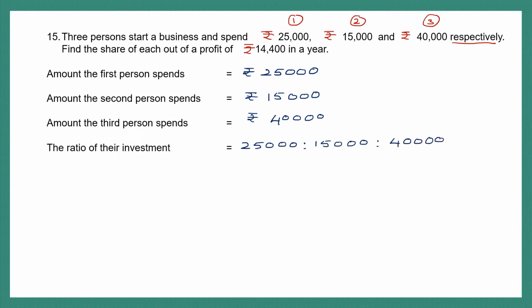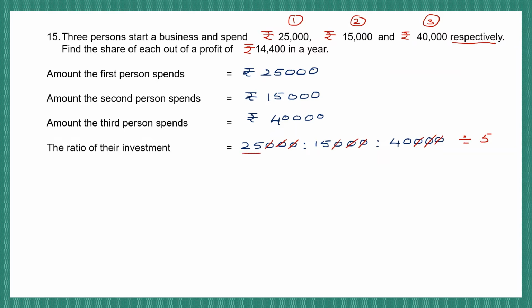Okay, now we need to reduce it to the lowest term. Now we can cancel the zeros. There are 3, 1, 2, 3. Cancel the zeros for all the numbers, 3 zeros. Now we have 25 is to 15 is to 40. All three numbers are divisible by 5.